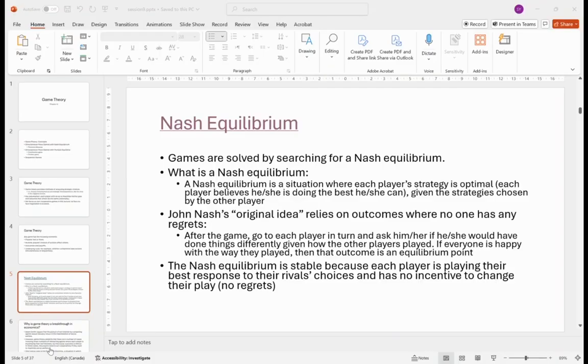What I want you to pay attention to is how in game theory you maximize your profit, your goal, or your utility, and at the same time you need to consider the other players' reactions. So your optimized utility depends on the other players' actions too. It's not entirely on your action.